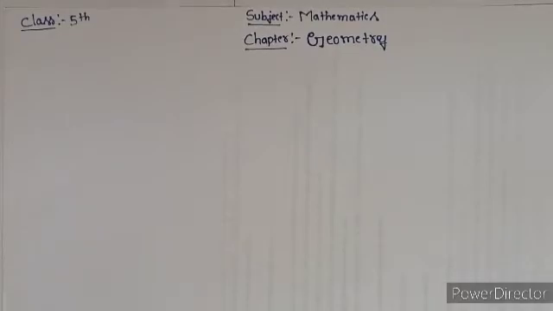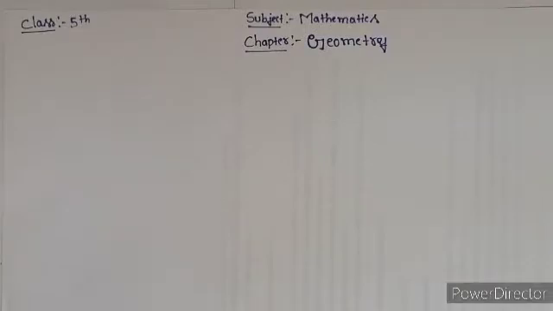Students, today in this class, I am going to start a new chapter, geometry. We love nature, right? These geometrical concepts are present everywhere in nature, like points, lines, rays and angles.